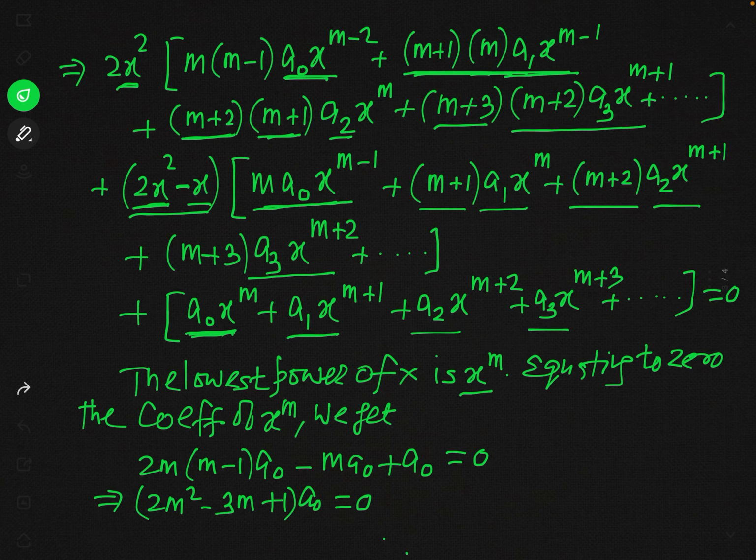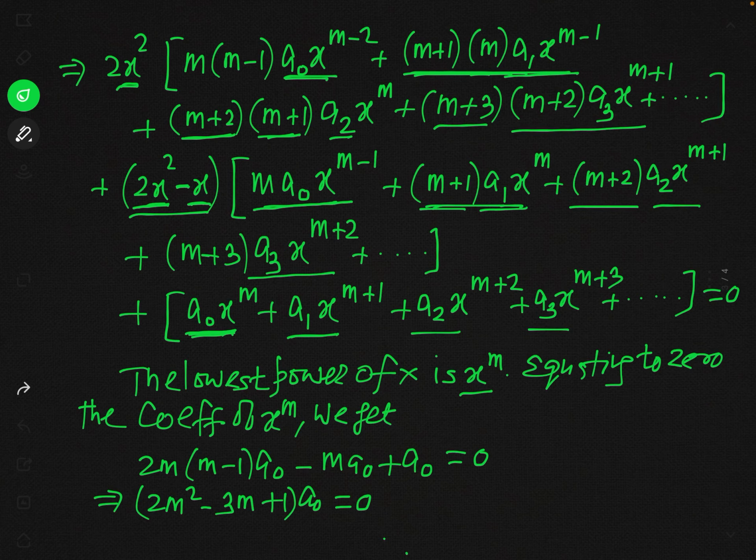And apart from this, when we multiply this x to this term, x into x to the power m will also be x to the power m plus 1. So here the coefficient will be minus m plus 1 into a1.